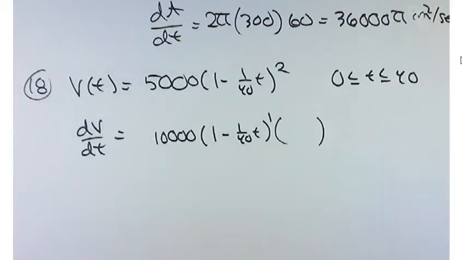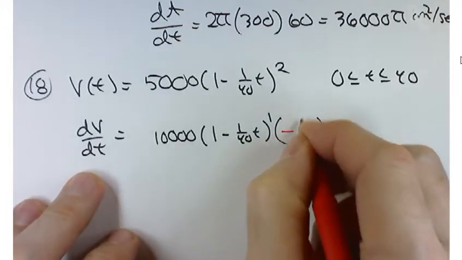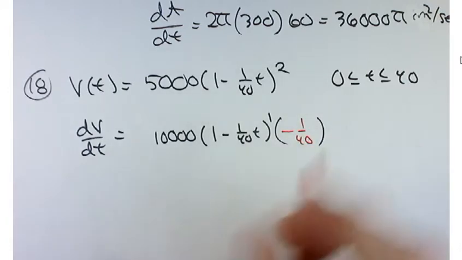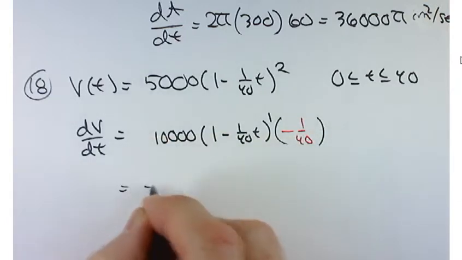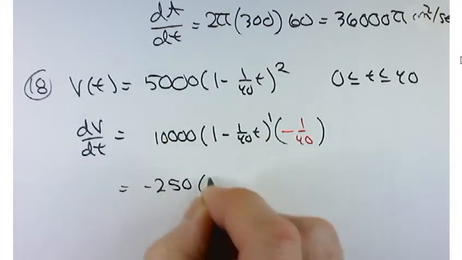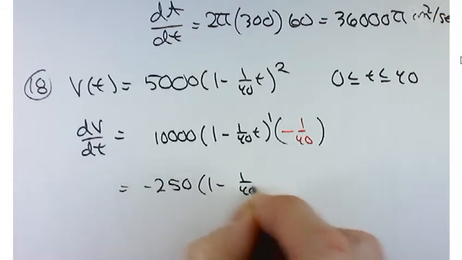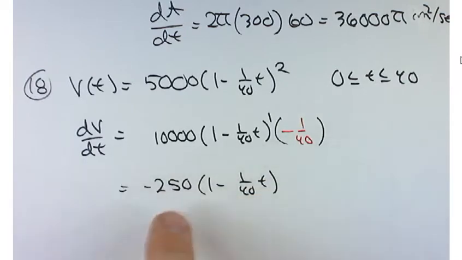The derivative of the inside is pretty easy. Got to be careful. It's going to be negative 1 over 40, and you need that negative. So the negative here and the 40 here give me negative 250 times 1 minus 1 over 40 t. And that's my dV by dt.